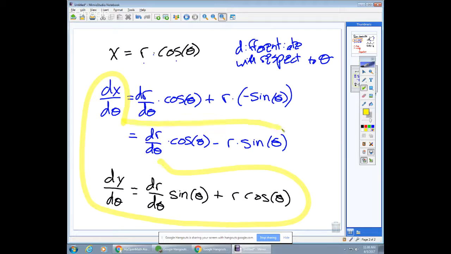Oops, missed part. Let's do that. These are going to be important relationships here. Sometimes I'll abbreviate dr/d theta as r prime. Usually a prime means derivative with respect to x, but when we see r, we should think theta. But you'll often see an r prime, and r prime is going to mean dr/d theta. Okay.